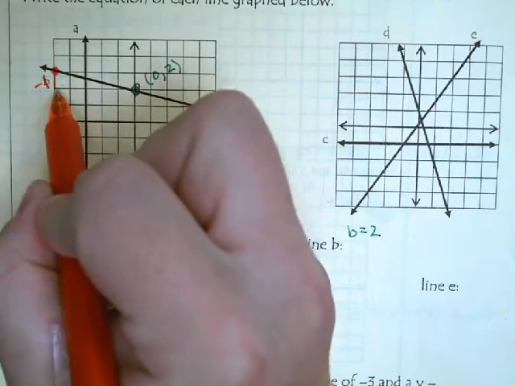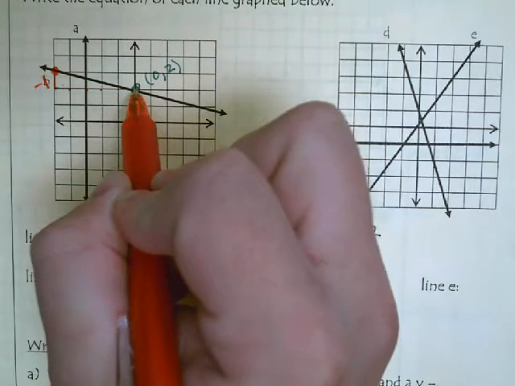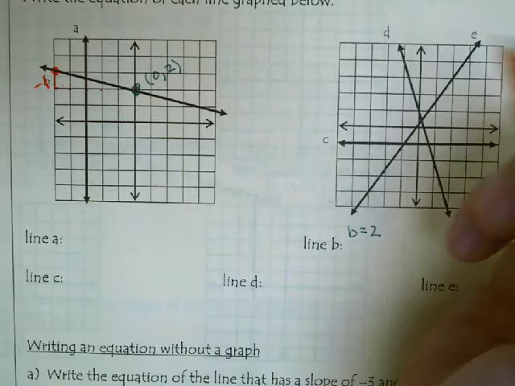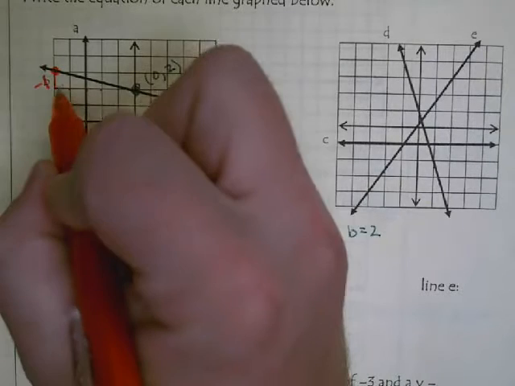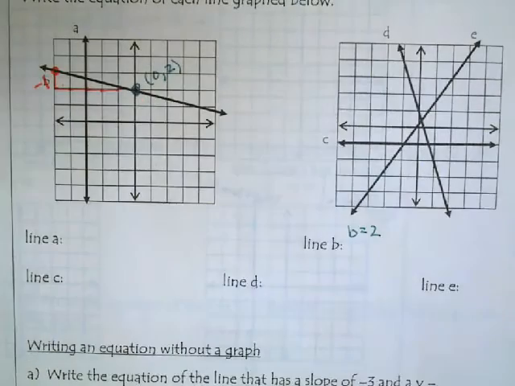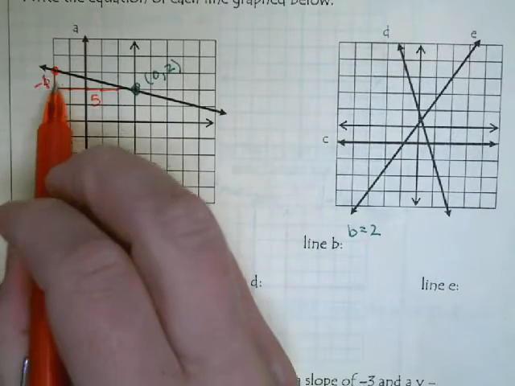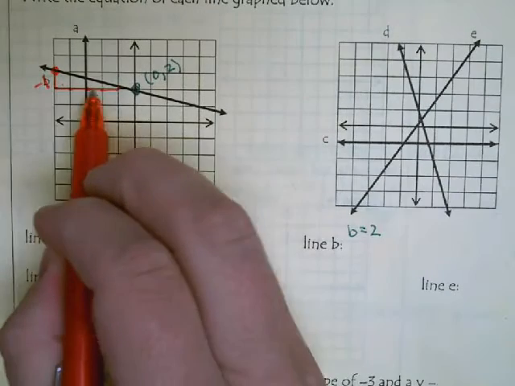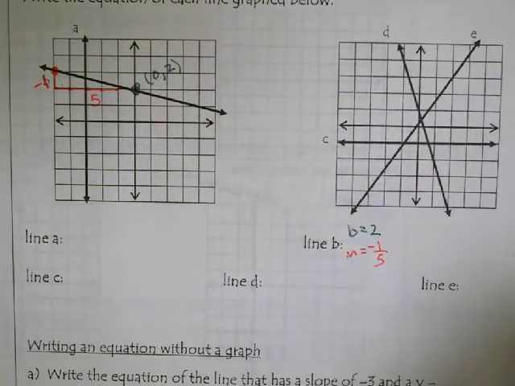And then I'll go over, starting here, 1, 2, 3, 4, 5 to get to that point. So that's our rise, negative 1. Run is 5. So my slope is negative 1 over 5.